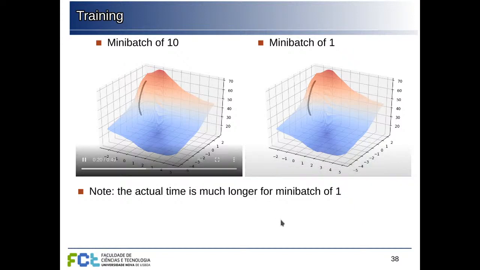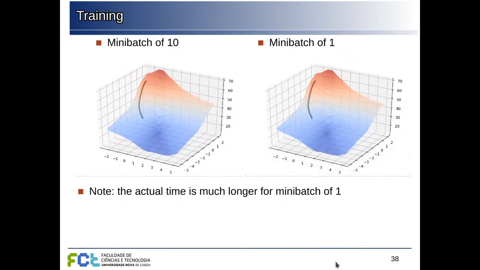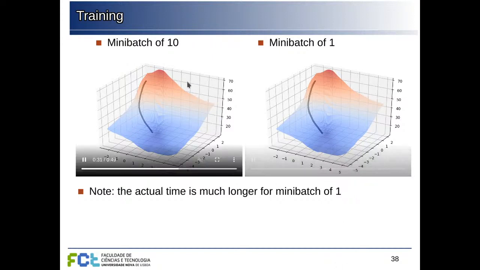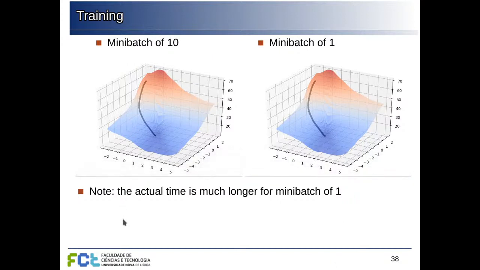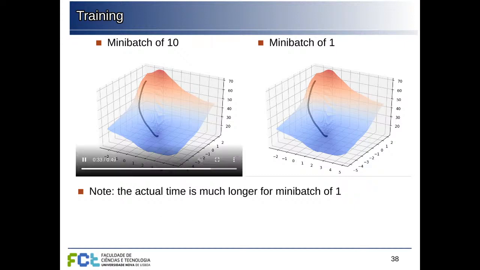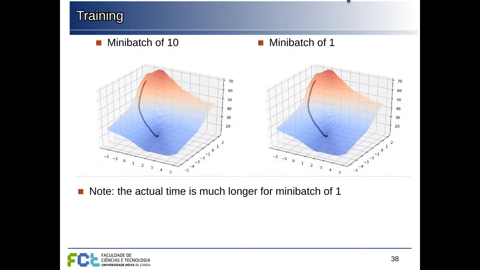However, this is a bit misleading because this shows you one dot for each epoch and is not taking into account the time it takes to compute over one epoch. So actually a mini batch of 10 is a lot faster in time, because these operations applied to 10 examples at a time can be parallelized and made a lot faster than just doing one by one, updating the network and repeating.